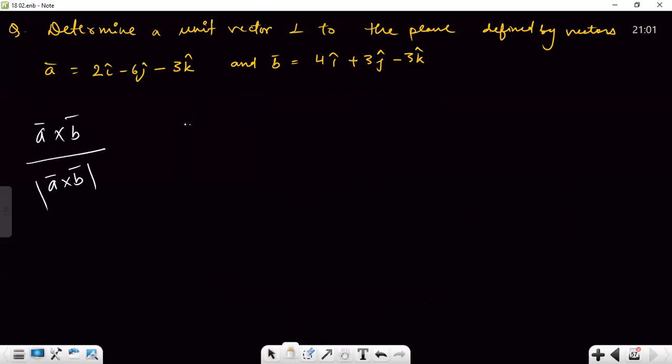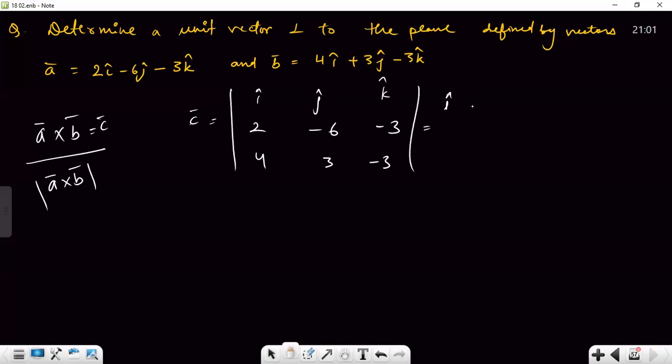So let me call the cross multiplication C. Plus 2 minus 6 minus 3, 4 3 minus 3. Okay, I cap into minus 6 minus 3, 18, minus minus plus 9, minus j cap, minus 6 plus 12, plus k cap 6 plus 24. 18, 9, 27.